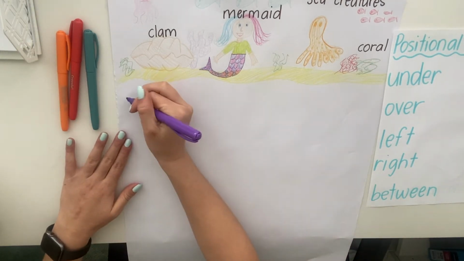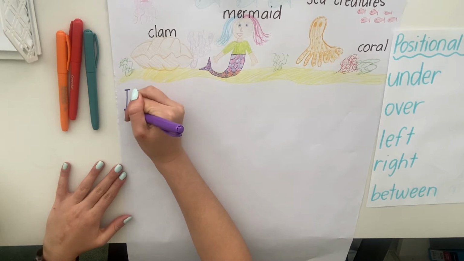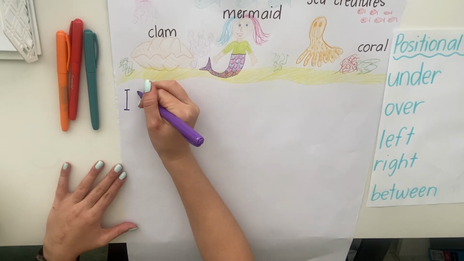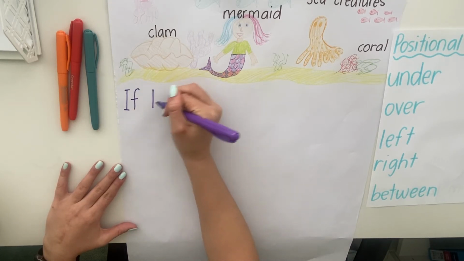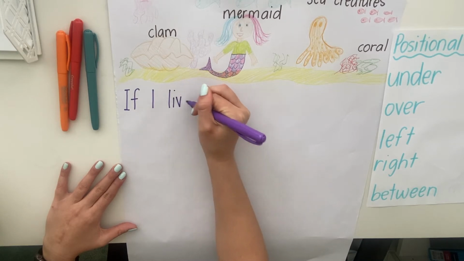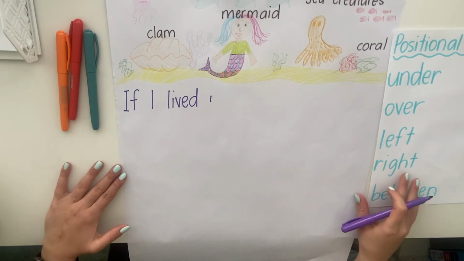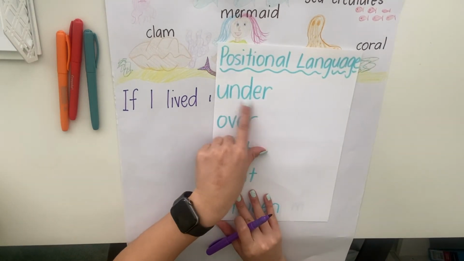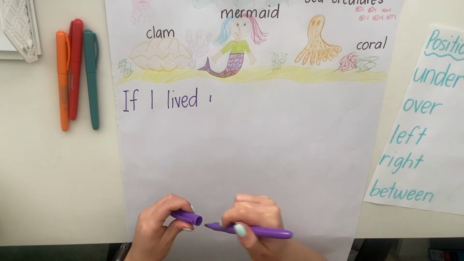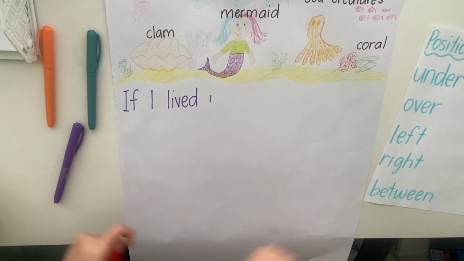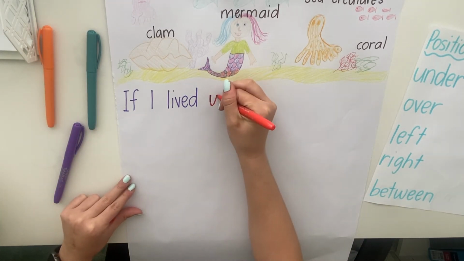Capital letter for the start of my sentence. If I lived under. Oh, under. Look, that's a position word. I'm actually going to write it in a different color to show that we're using positional language.